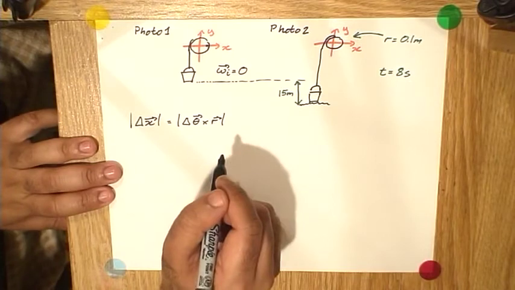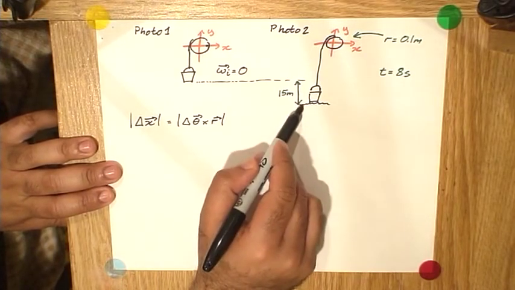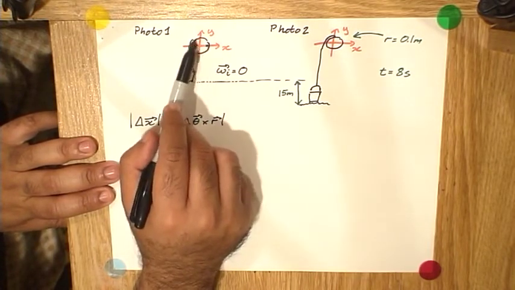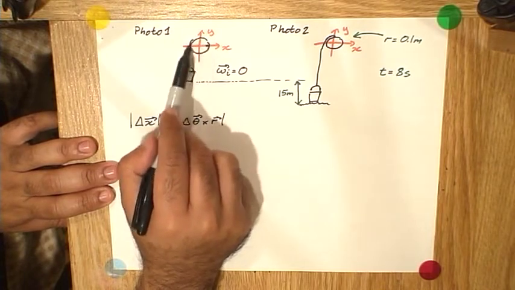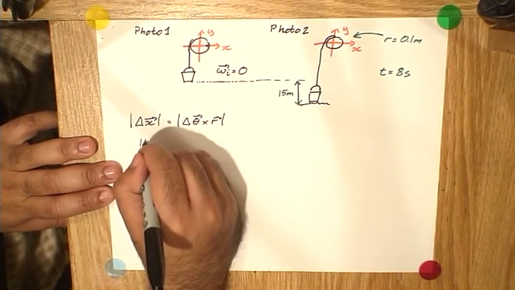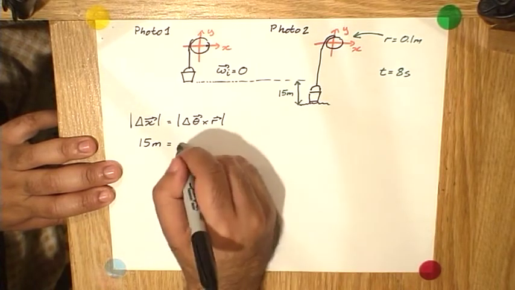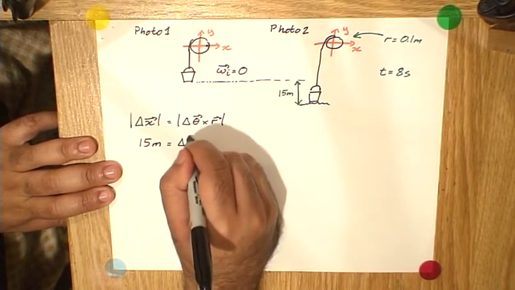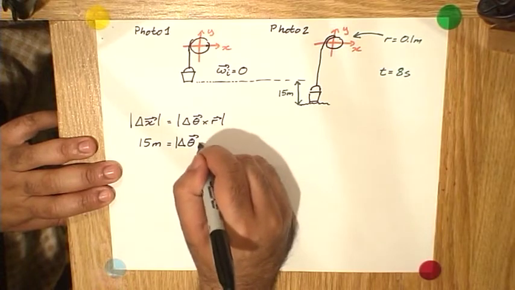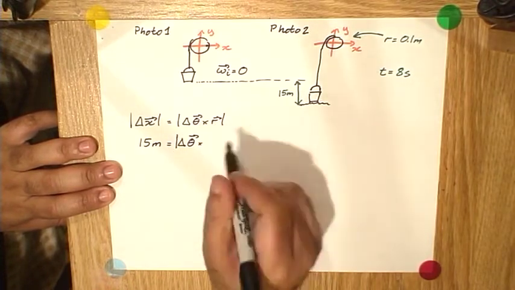So let's go ahead and solve for this. The bucket descended by 15 meters, which means that the rim of the wheel must have rotated by 15 meters, is equal to delta theta, which is as yet unknown, times a radius of 0.1.